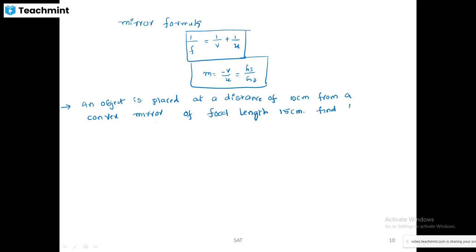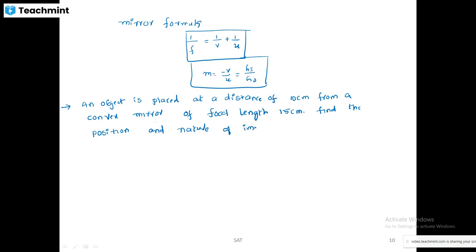Find the position and nature of the image.